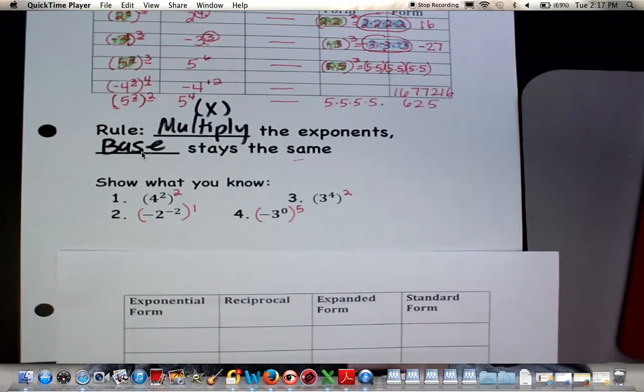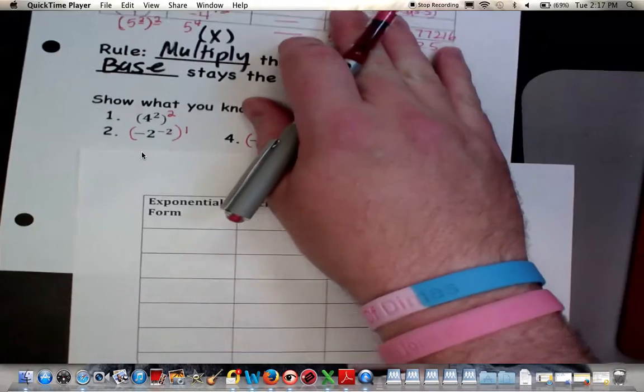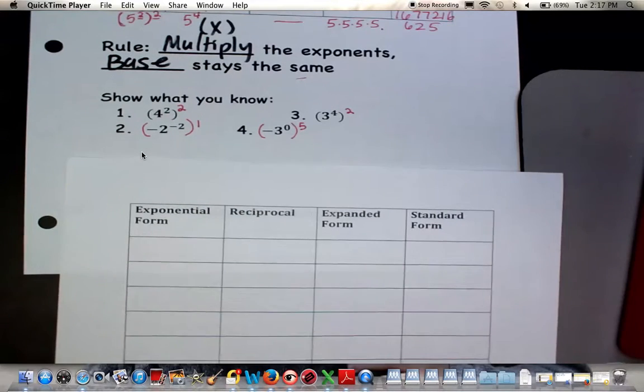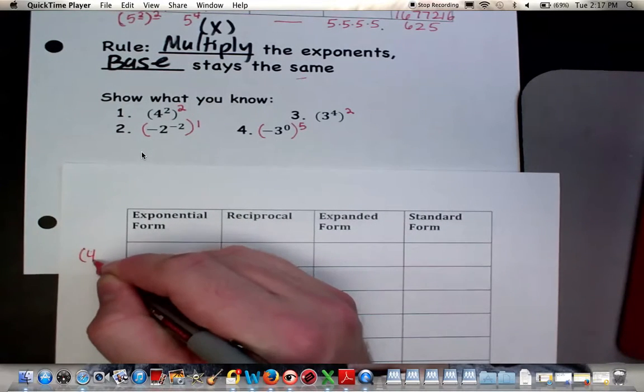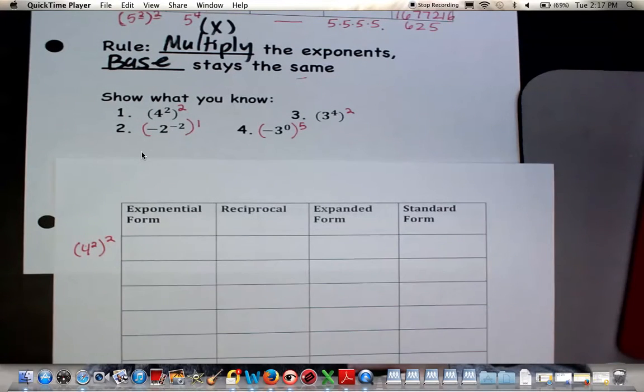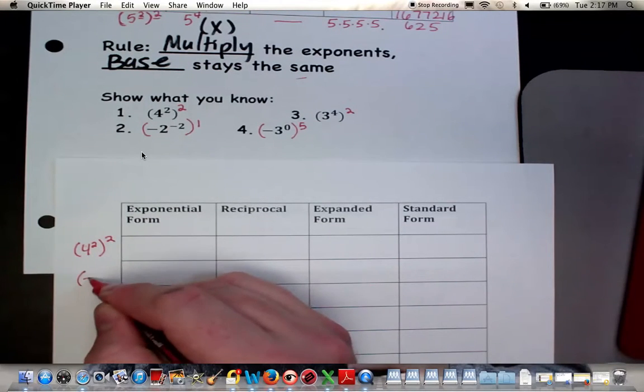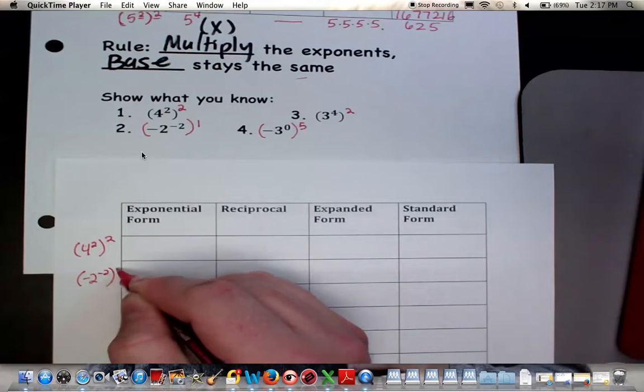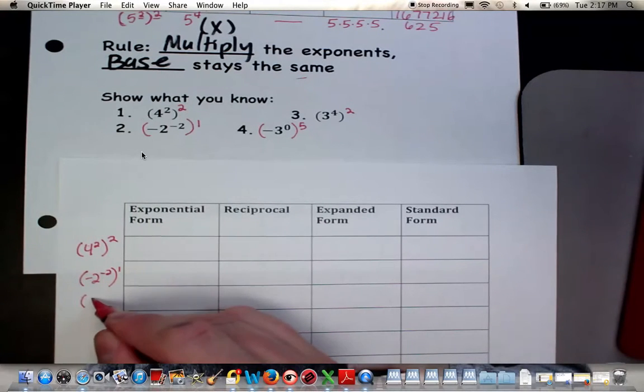You can use this form here, your organizer, and just write down your problem. There's number 1, number 2, number 3 that you have to do, and then number 4.